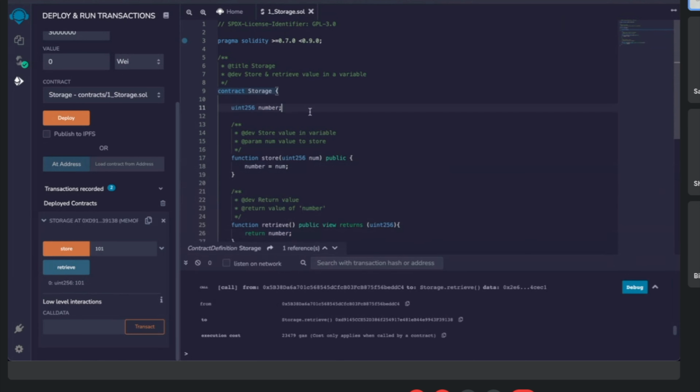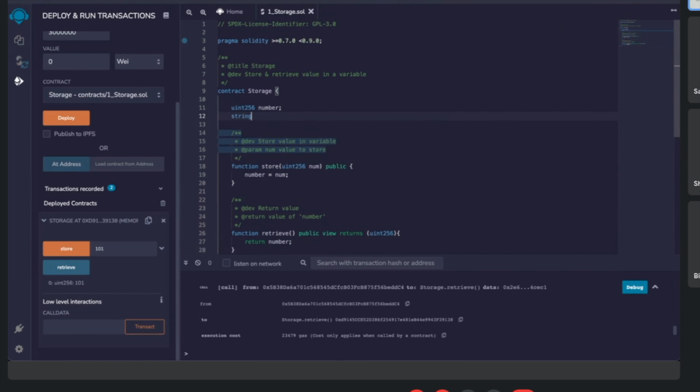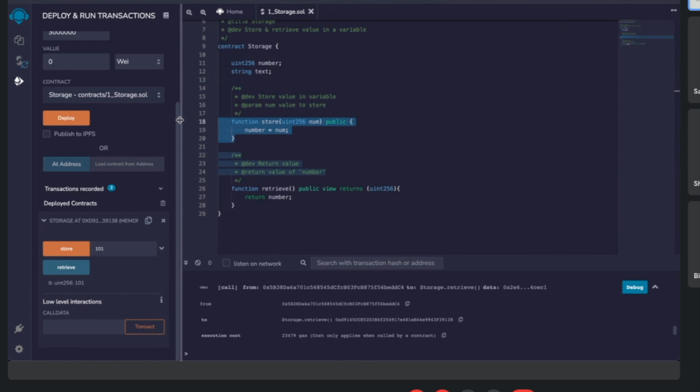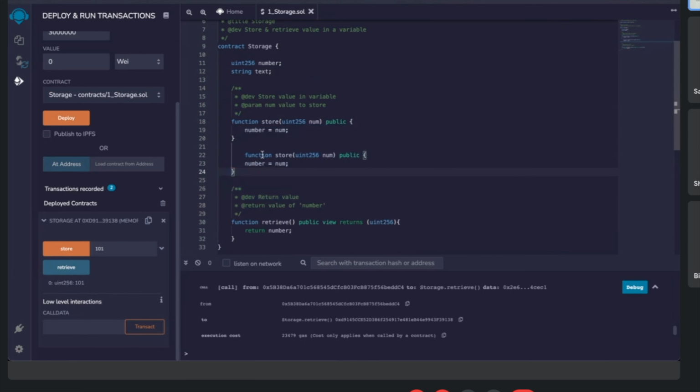We can store here a text as well. Let's add a function store text.